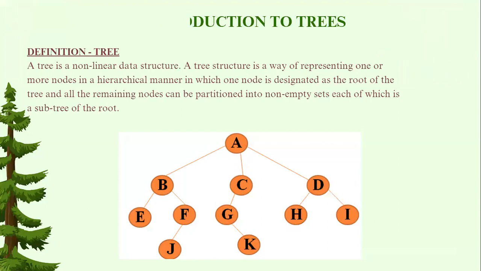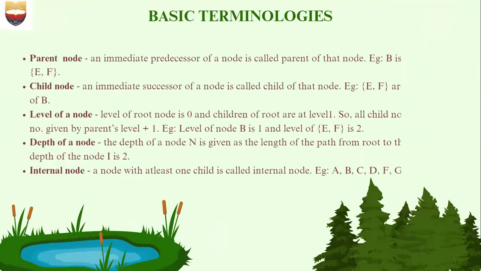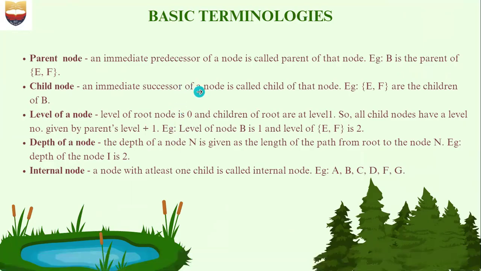Next one, child node. An immediate successor of a node is called the child node of that node. Example, E and F are the children of B. Successor node, in a sense, if we choose any particular path in the given tree structure, then suppose I want to determine the children nodes of B, right?